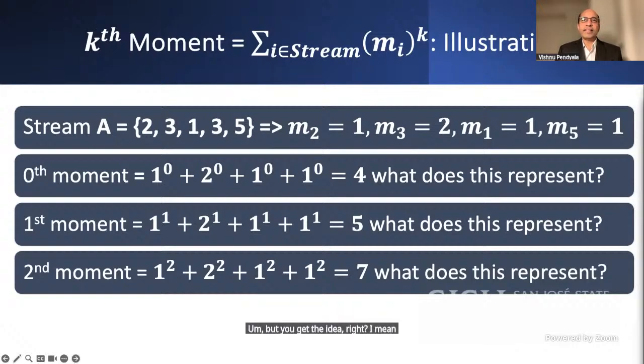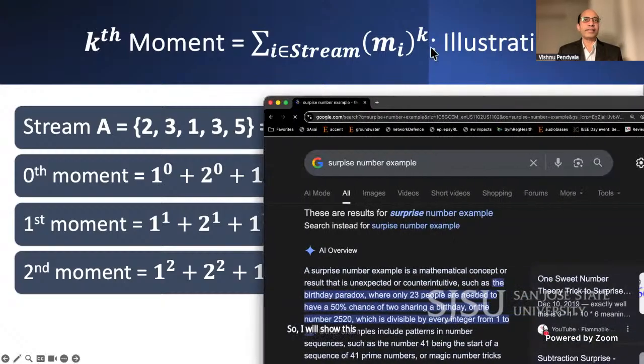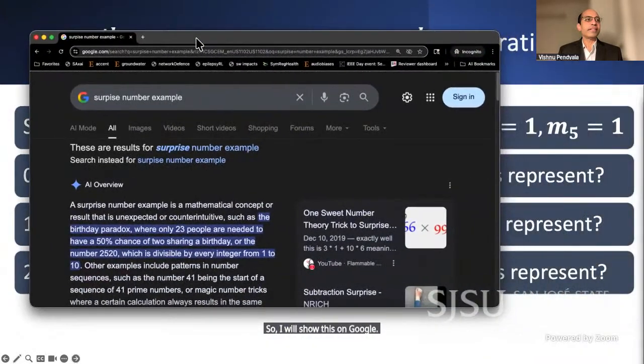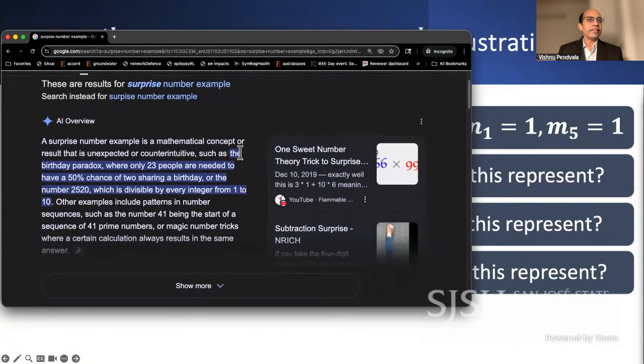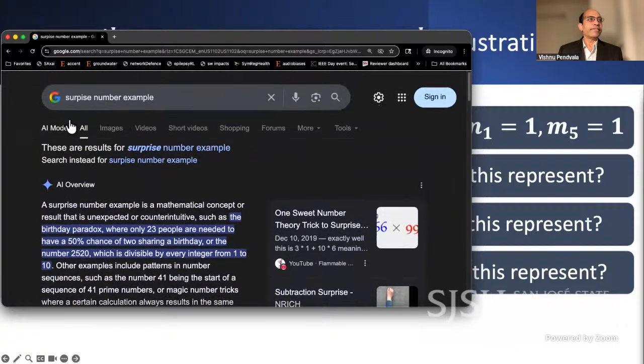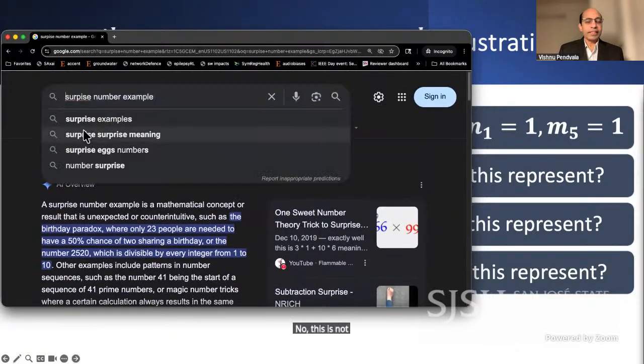In terms of normal statistics, the second moment corresponds to variance. The second moment is also called the surprise number. So I will show this on Google. No, this is not what I mean.